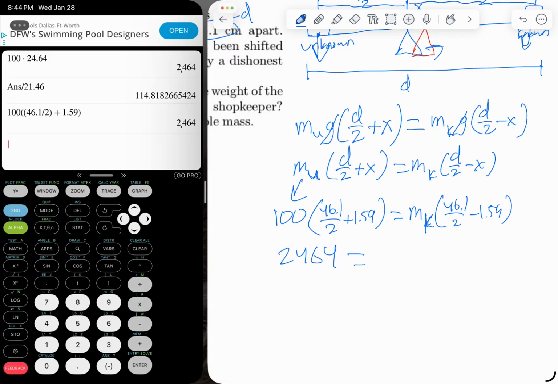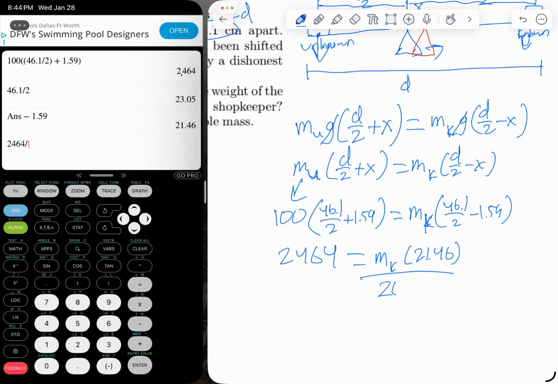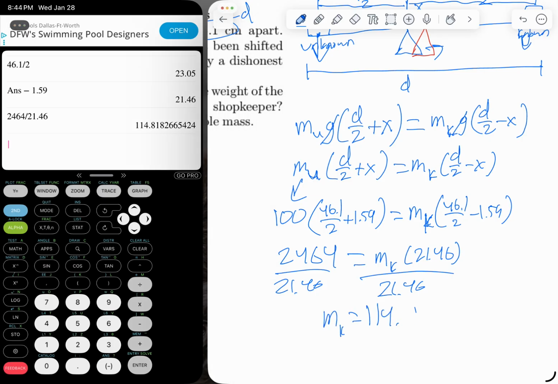And then on this side, 46.1 divided by 2 minus 1.59. And then I'll divide. I get my known mass as 114.818266.